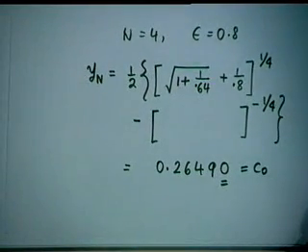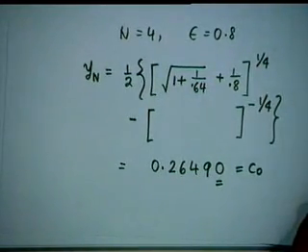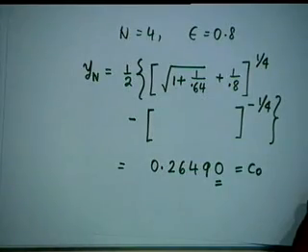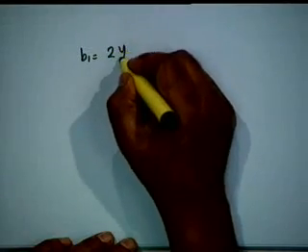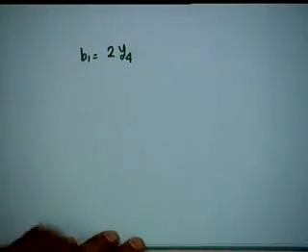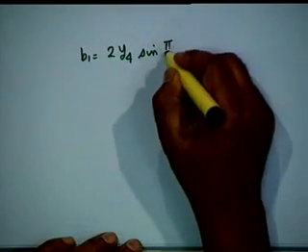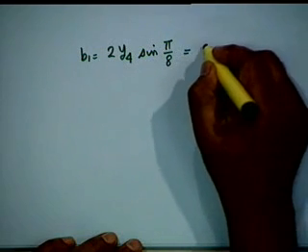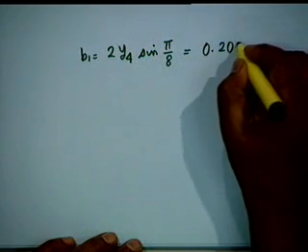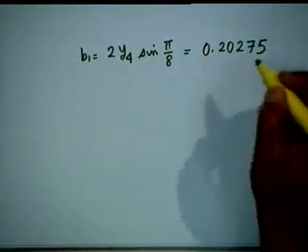So you have to find out, n equal to 4, therefore 2 Bs and 2 Cs. Okay? B1 is equal to twice Y4, Y4 has already been calculated, times sine of pi by 8, and that comes out as 0.20275.